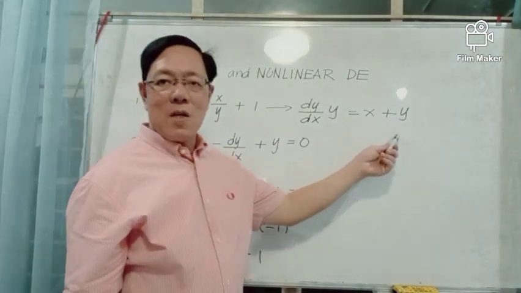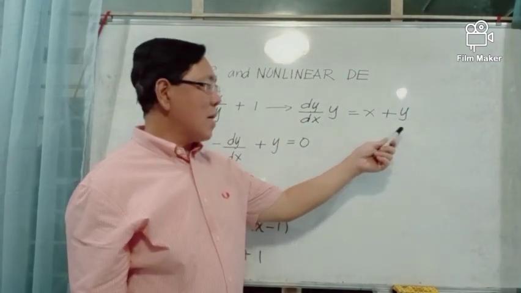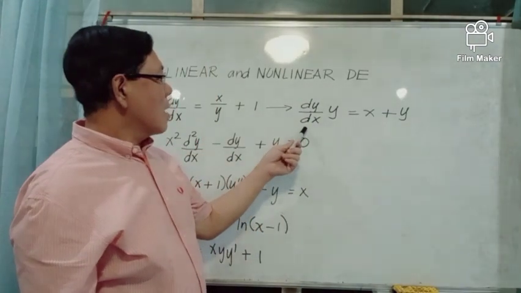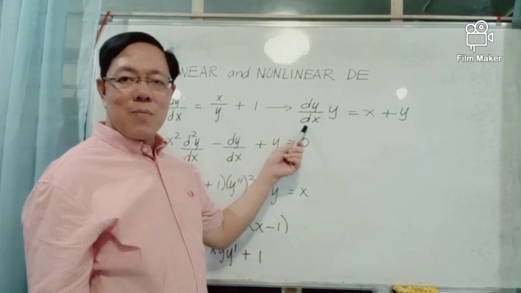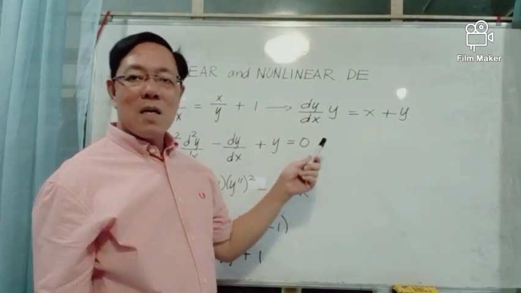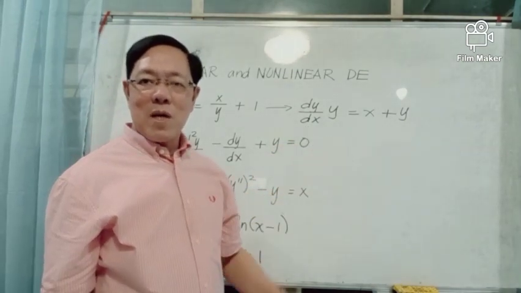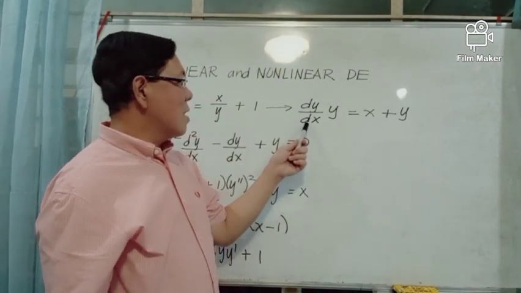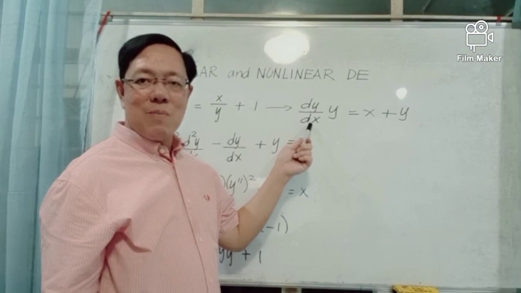At the right-hand side of the equation, the exponent of y, the dependent variable y, is 1. Again, in determining whether a differential equation is linear, we only consider y and any of its derivatives.